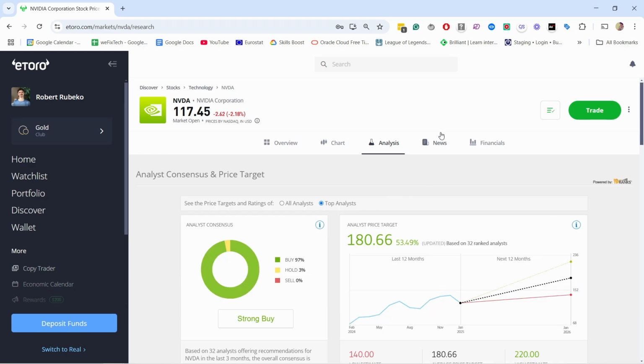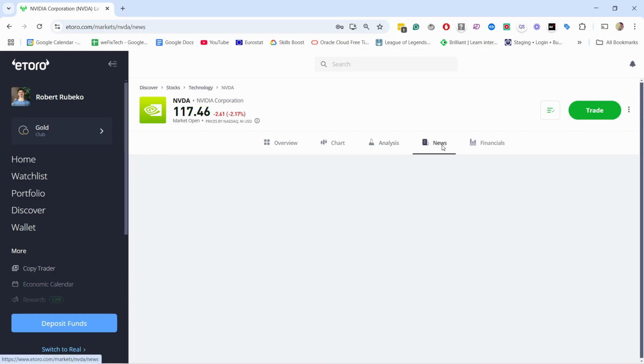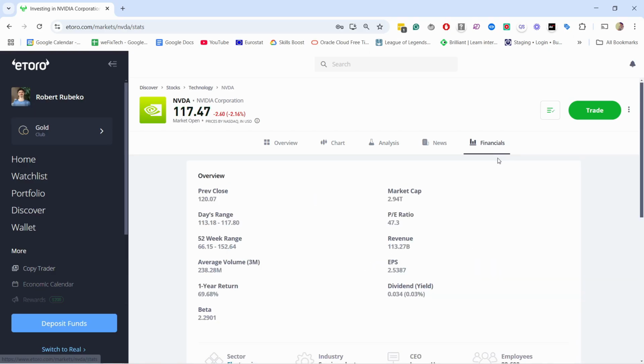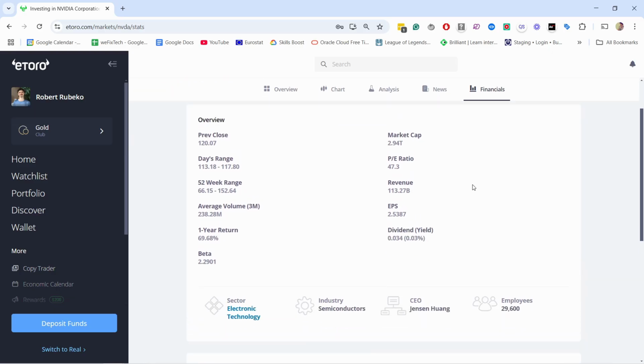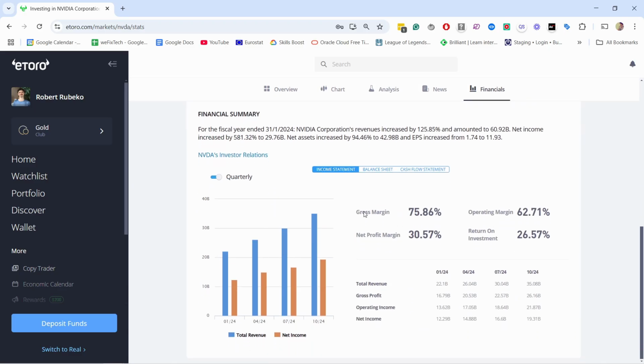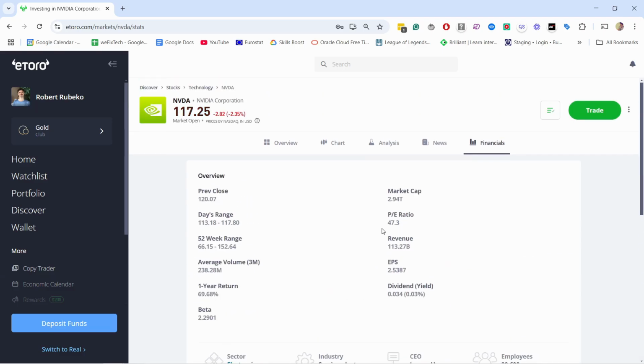And these are different analysts. You also have news here specifically about NVIDIA, and then you have the financial information, which if you really get into it is quite useful because you'll see here, for example, do they pay dividends? Yes, they do. Here's how much they're paying. And then lower, you'll be able to see on what dates they pay the dividends and things like that. So quite useful information if you're researching a stock.